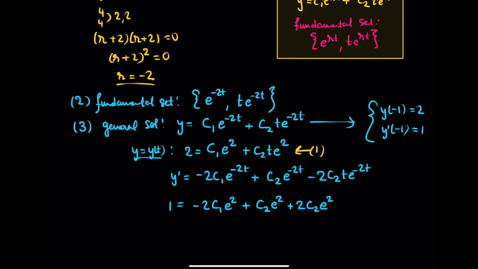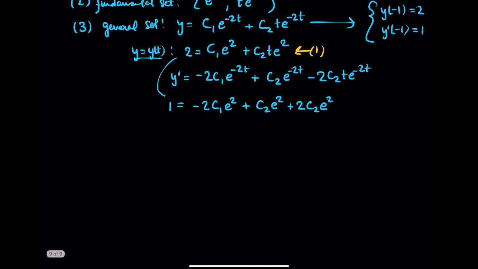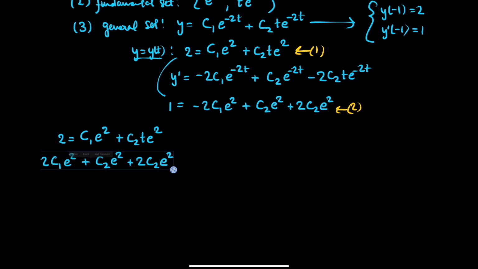All right, so we have these two equations, and I'm going to rewrite them down here. Then what I'm going to do is isolate and bring the e to the 2 to the other side.